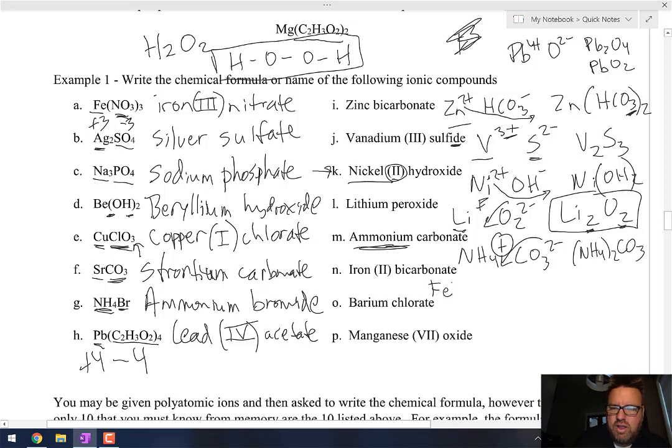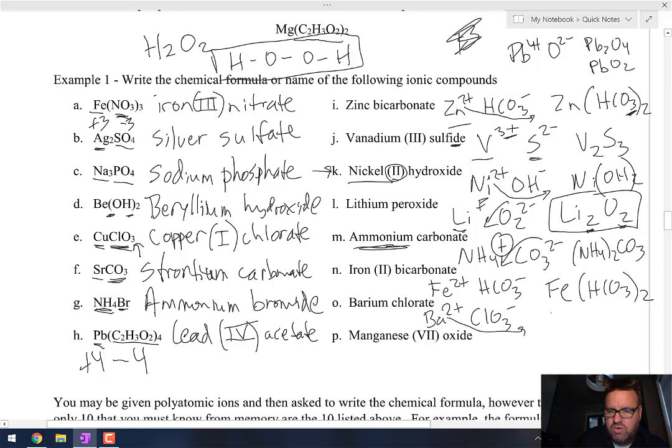Iron 2 bicarbonate means iron has a +2 charge, and bicarbonate is HCO3 minus. So again, switch those two. So it becomes Fe(HCO3)2. Barium chlorate. Barium has a +2 charge, and chlorate is ClO3 minus.